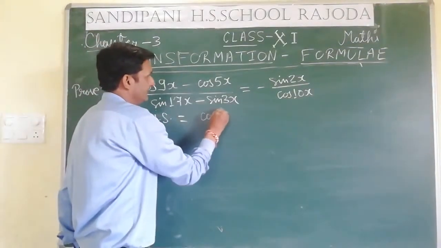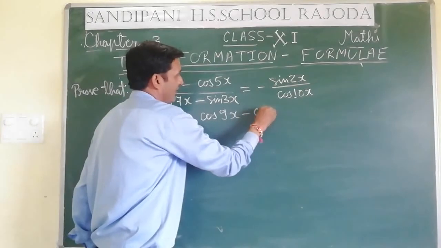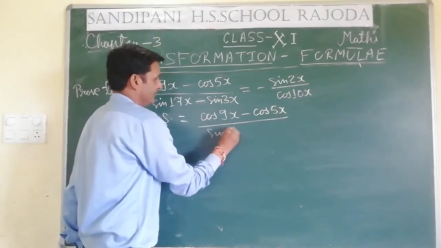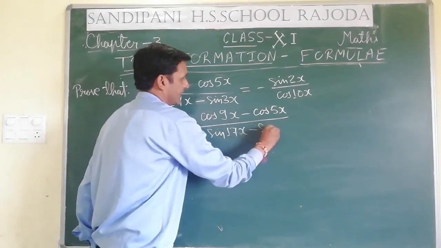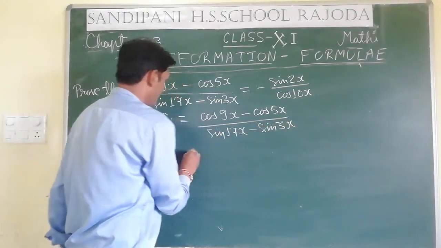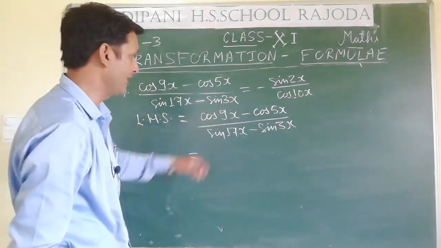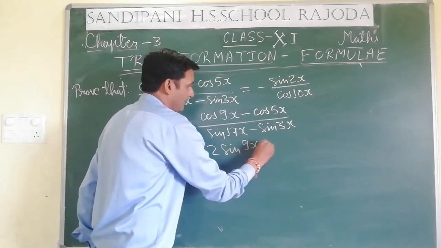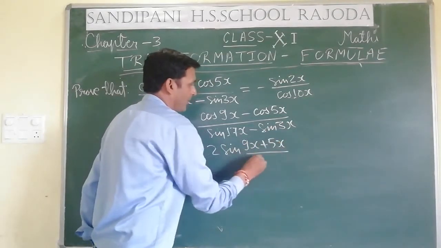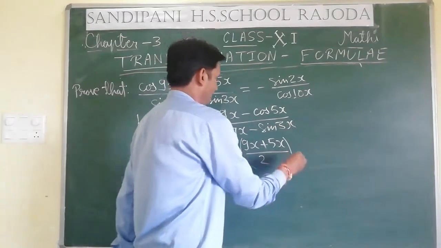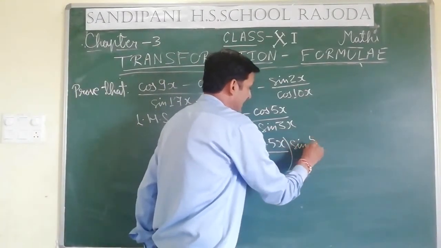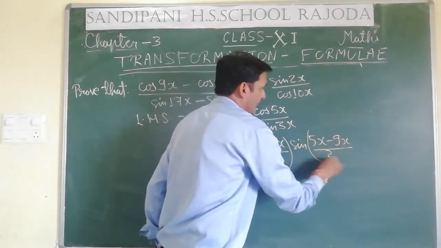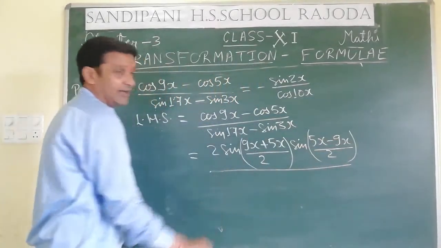Cos 9x minus cos 5x upon sin 17x minus sin 3x. So here the cos C minus cos D formula will be applicable, that is 2 sin C plus D by 2 sin D minus C, that special case which I have told you earlier in the formula part.